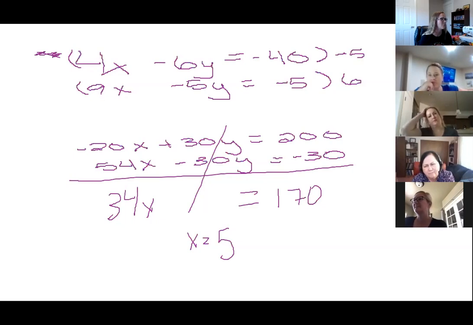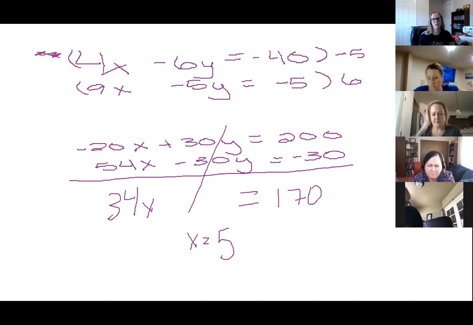We had 4x minus 4y equals negative 23.2, and then 8x minus 3y is equal to 3.1.